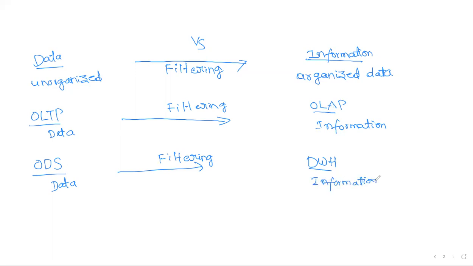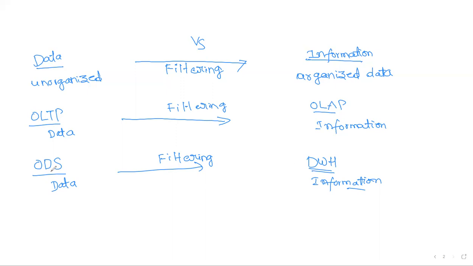So simply now I can say the DWH means a system or a concept that can be collected or get an organized or structured data or information from the given data that is collected in ODS.